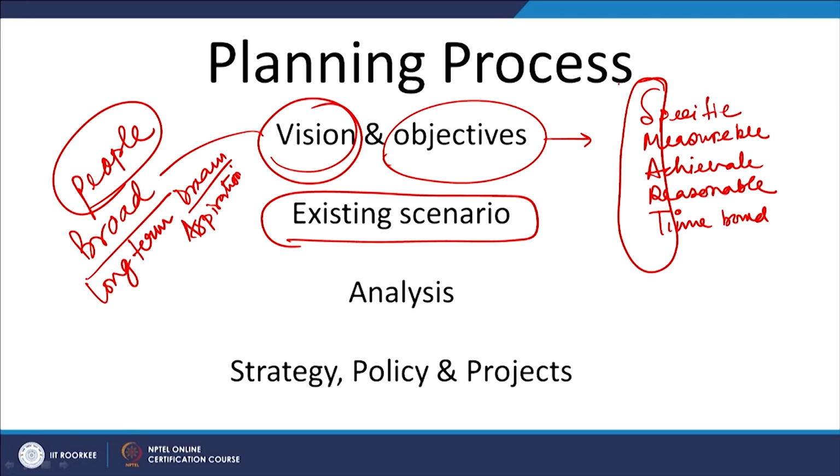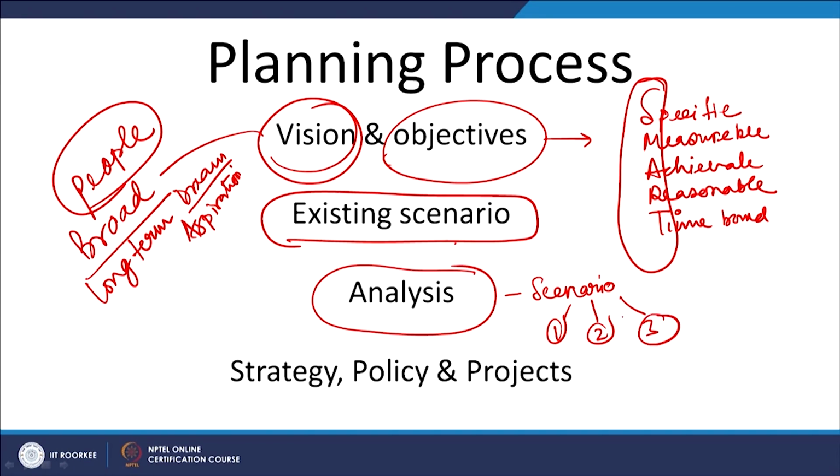So, once we make the vision, objectives and existing scenario, then we analyze the existing scenario and make various scenarios in terms of development: scenario 1, scenario 2, scenario 3, and based on that we make strategies, policies and projects to reach any one of the scenarios.